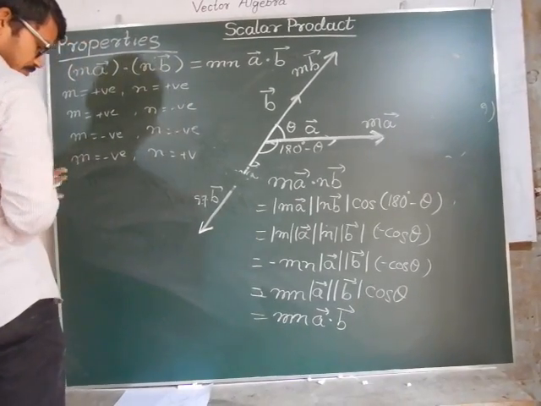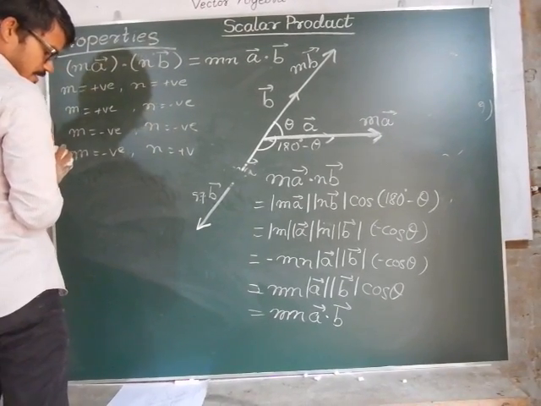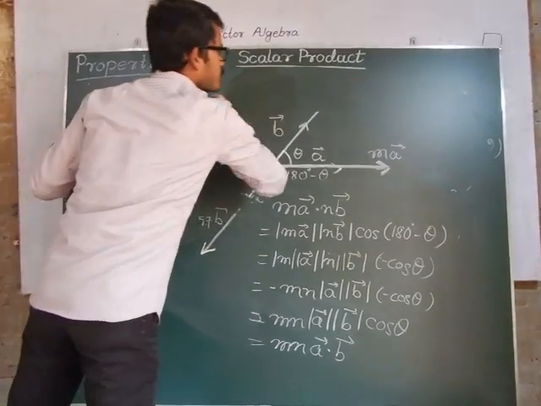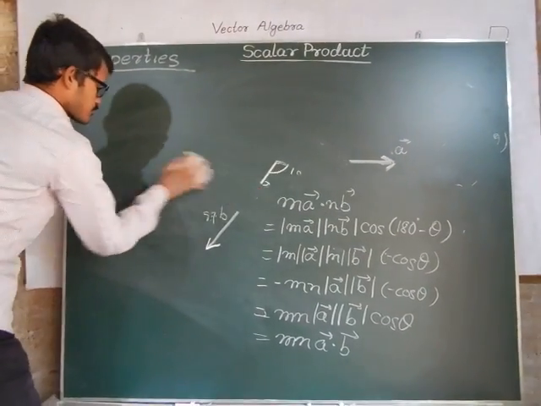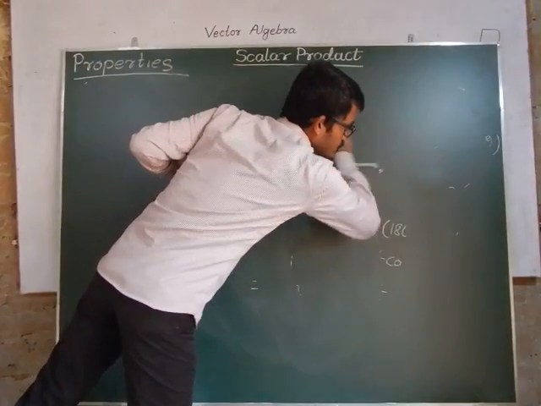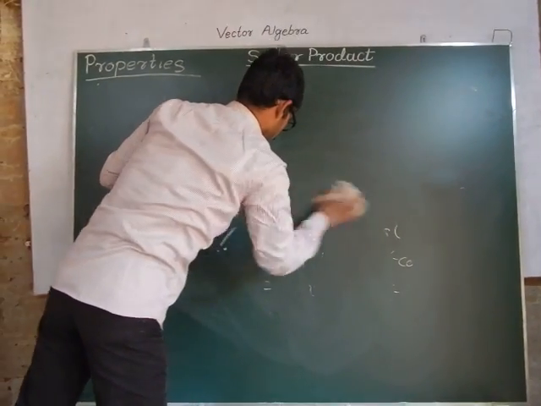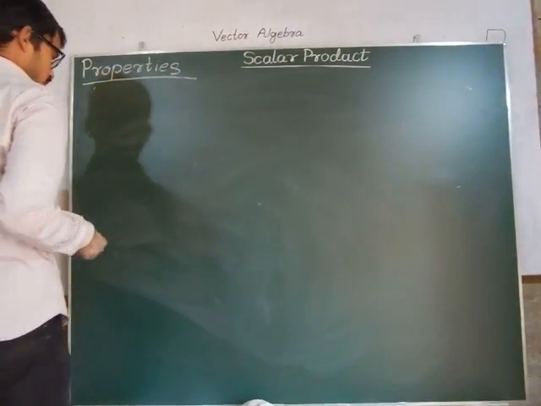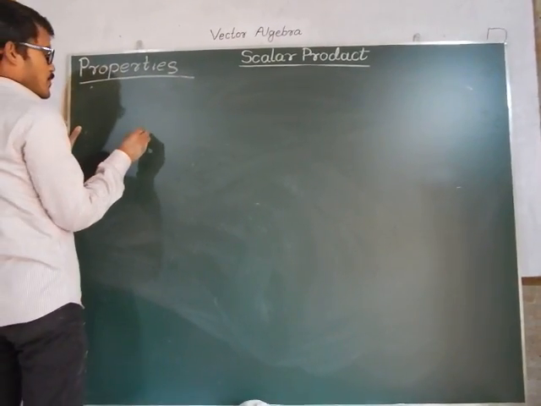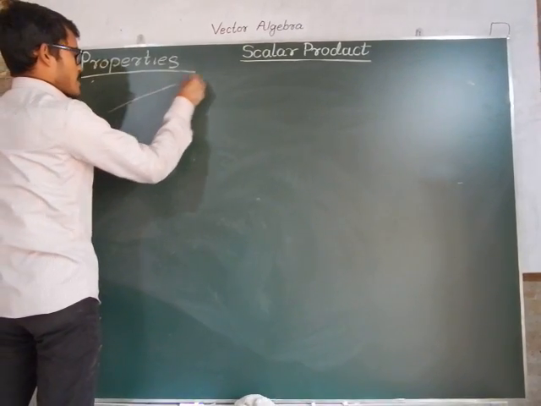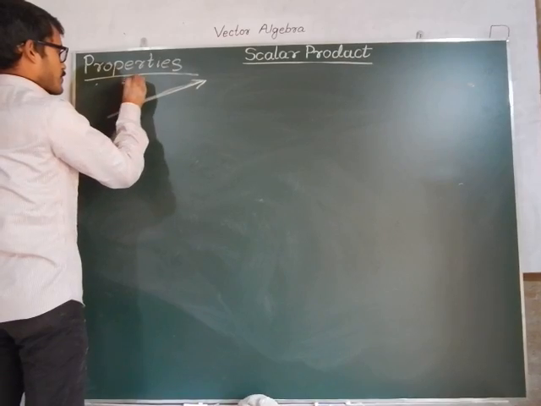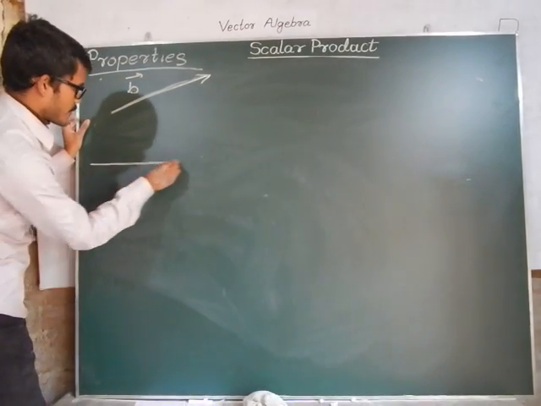Next property is the projection of any vector B on any vector A. Let this be vector B and this be vector A. What is the projection of this vector?